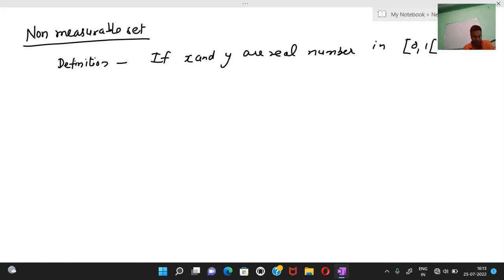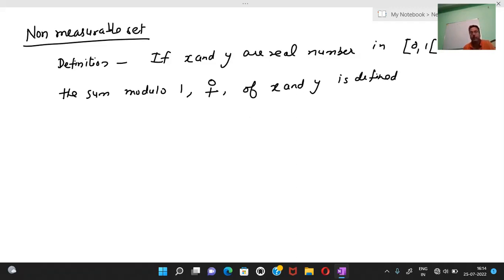Okay, the sum modulo 1, denoted by plus dot of x and y, is defined by... here we are defining sum modulo 1.